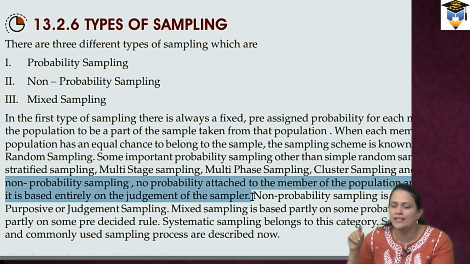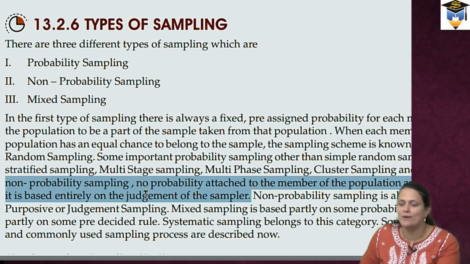Non-probability sampling is also called judgment sampling. Please write it down because that will be asked in MCQs.